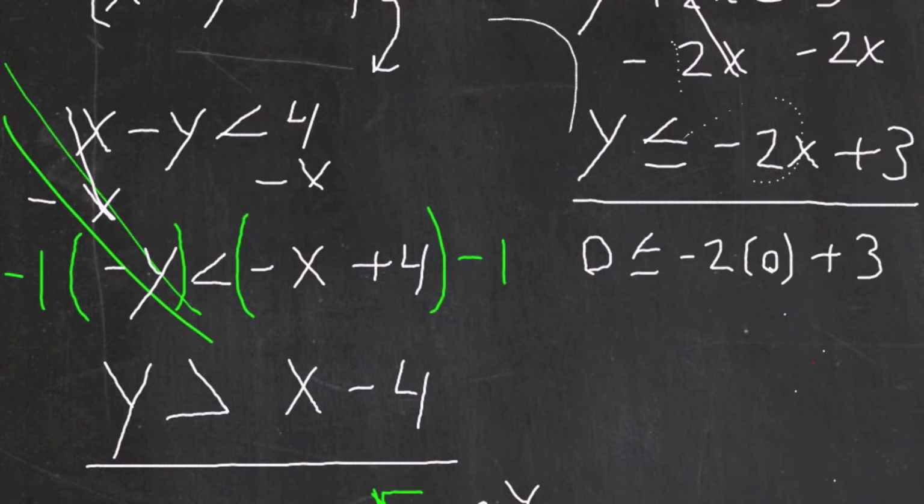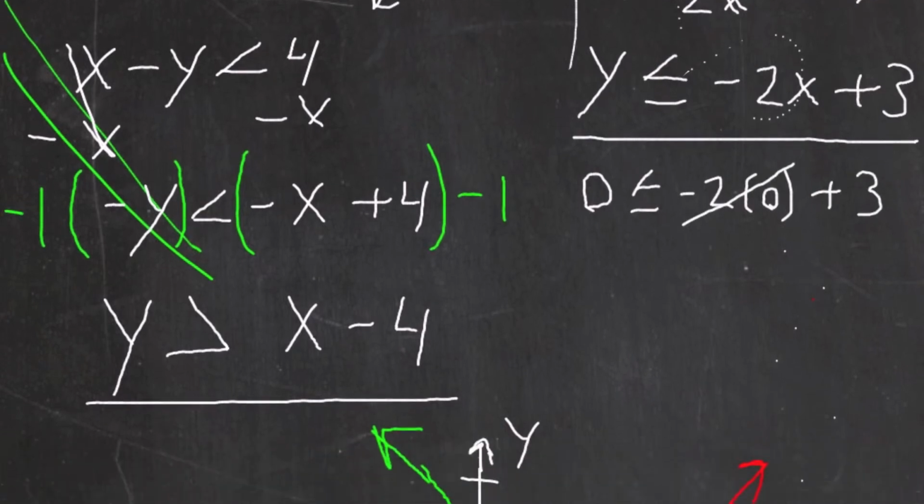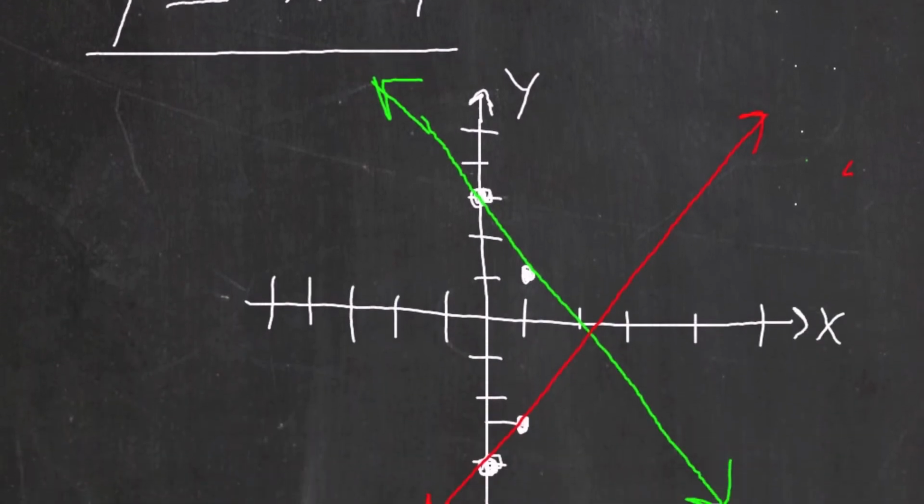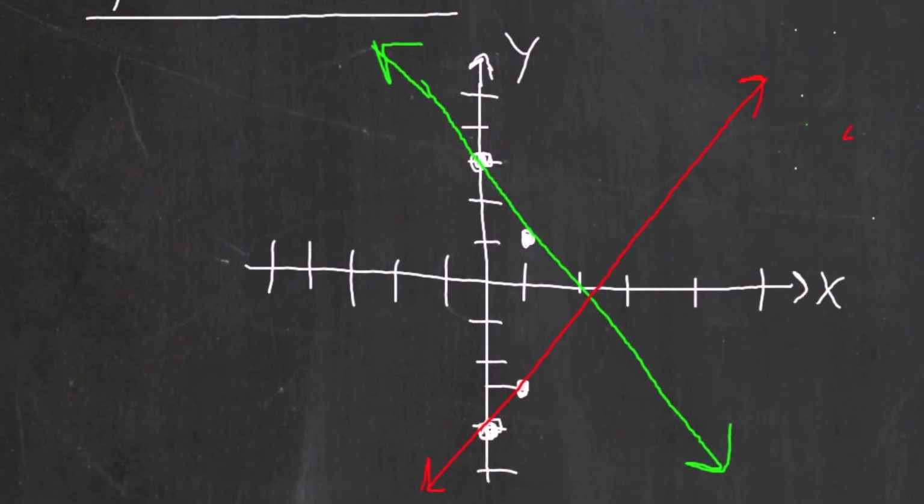Well, -2 times 0, that's just going to cancel out. We're left with 0 is less than or equal to 3. Is that a true statement? Yes, it is. So that means that the point 0, 0 is one of the points being shaded on our first line. So that means the green graph is going to be shaded on this side.